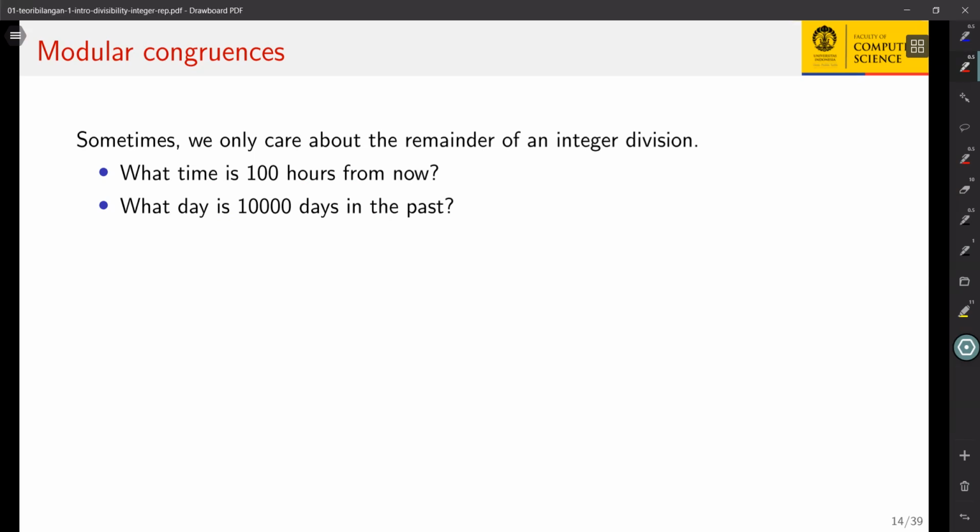Correct. So 100 modulo 24, and what do you get? You get 4. And then what? What time is it? Plus the time now.